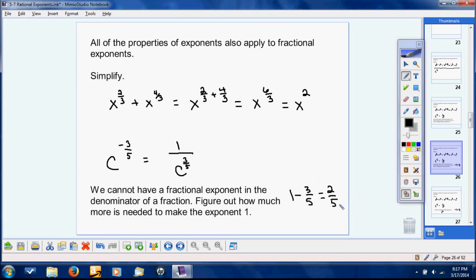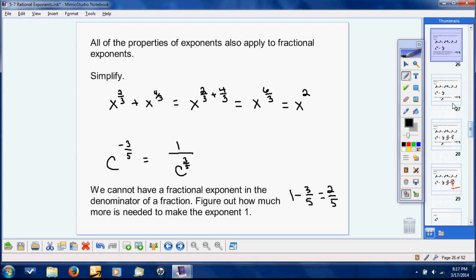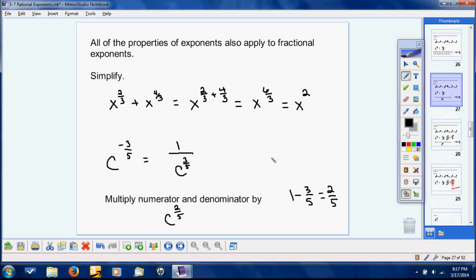So you're going to subtract, and we get 2/5. Now I need to explain to you what you do with the 2/5. You're going to multiply the numerator and denominator by c to the 2/5 power. We figure out this 2/5, then we're going to multiply numerator and denominator by c to the 2/5.